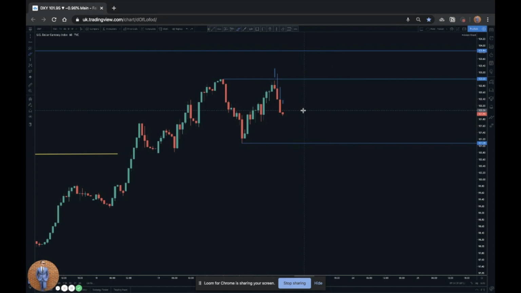But I'm expecting this, considering what the 4-hour looks like, considering what the daily mainly looks like, the most favorable scenario, at least for now, would be this to the downside. So a short-term move would signal weakness within the dollar pair as a whole.